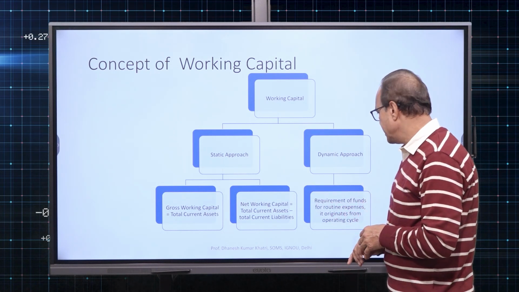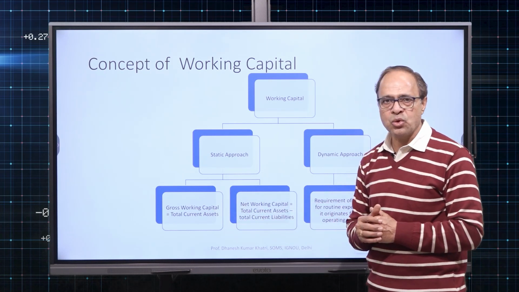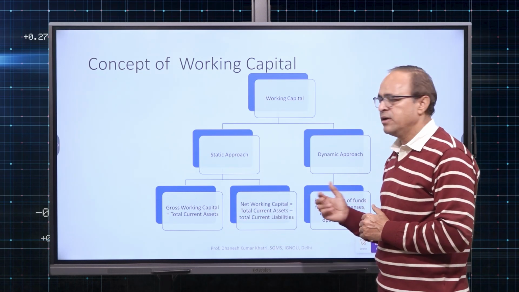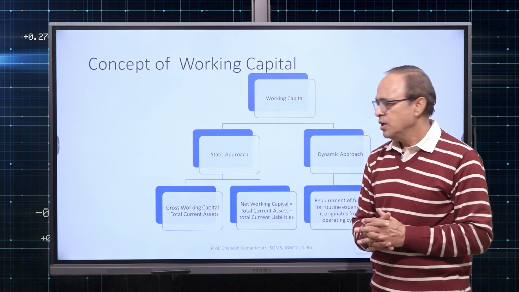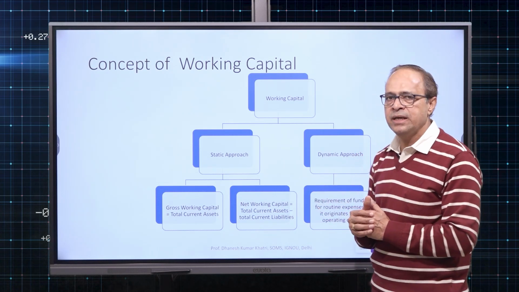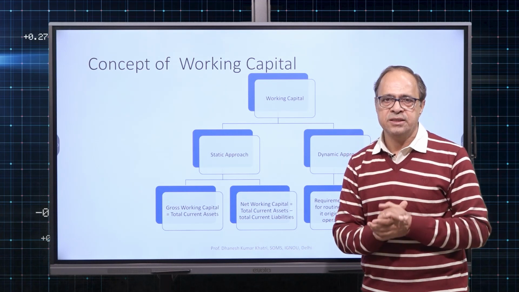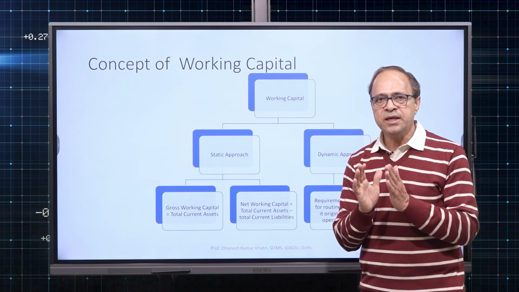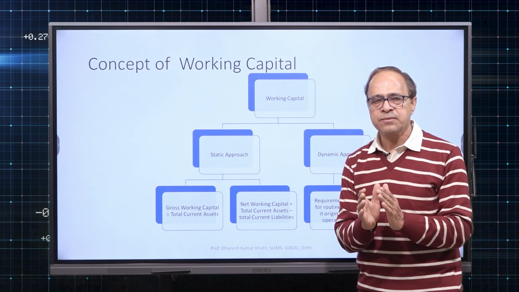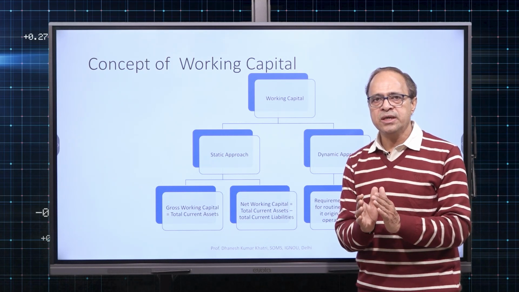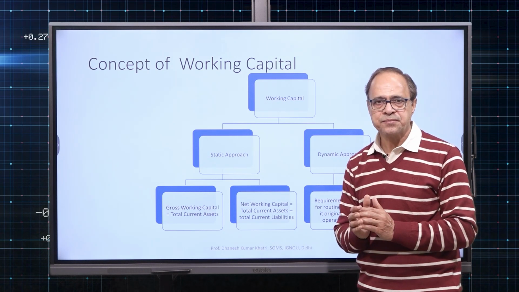So, for a finance manager, what is more important out of these two, gross working capital or net working capital? I will say both are important. Gross working capital simply means how much investment is required in the different current assets. Different current assets are the one which are either in the form of cash or likely to be converted into cash within 1 year or one operating cycle.